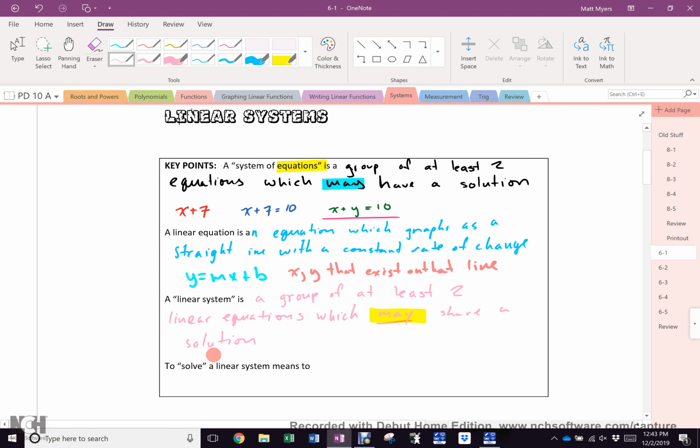We've already got the equation. We've already decided that it makes 2 lines. We've already decided that lines are made up of x's and y's. And if the x and y works in the equation, works on the line, it works in the equation. So what must I be seeking if I wish to solve a linear system?